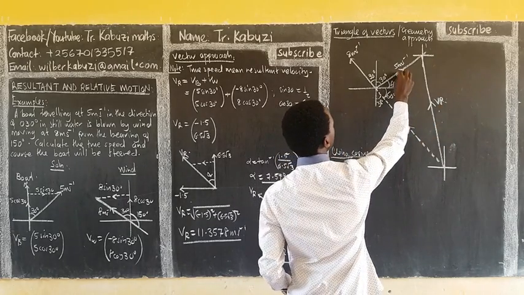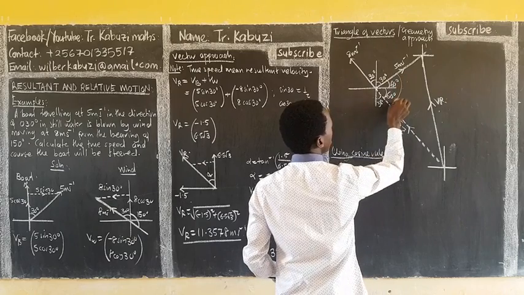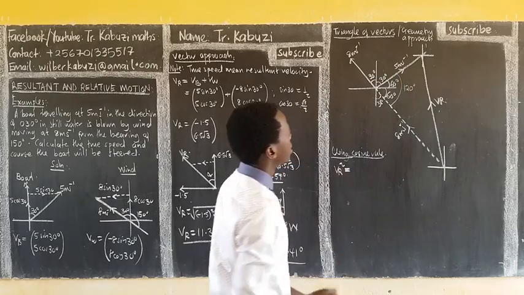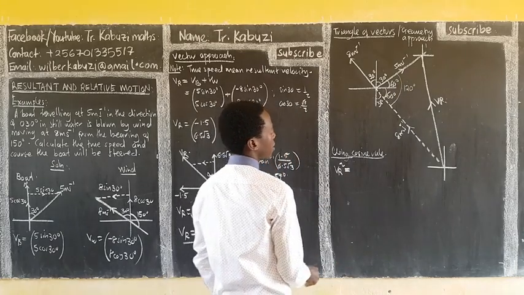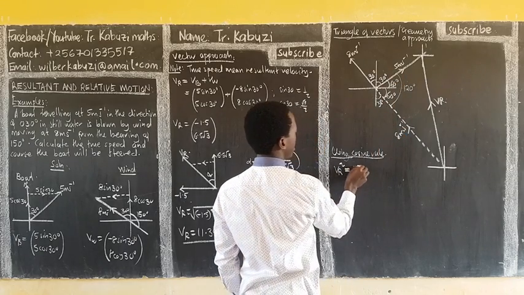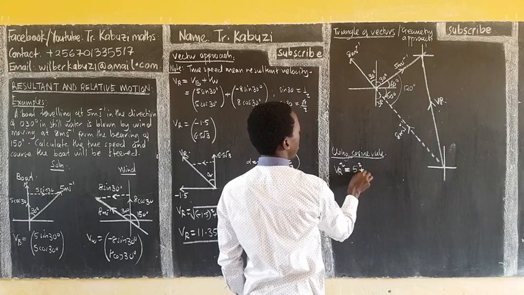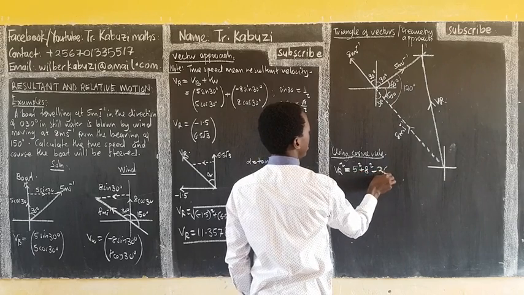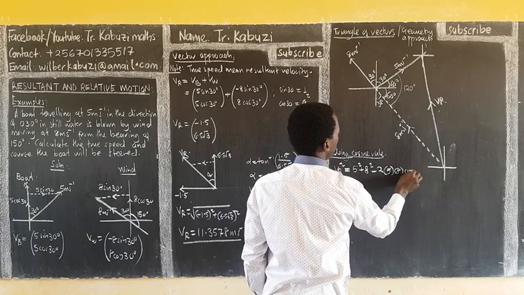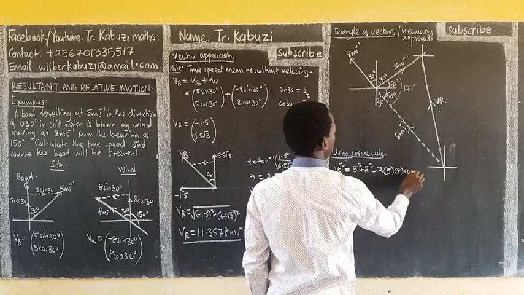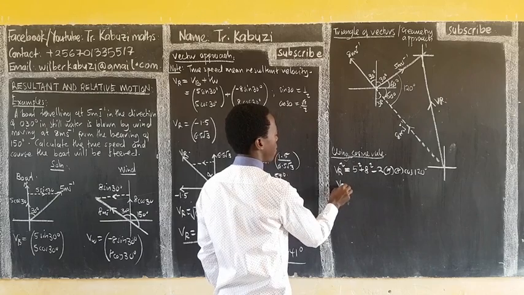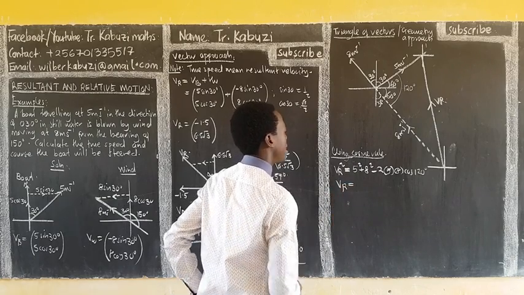Look at this angle here, it's 120 degrees. So VR squared is equal to these two velocities, 5 squared plus 8 squared minus 2 into 5 into 8, then cos of the angle between these two, which is 120 degrees. And so from there, VR, straight away, that's the answer.